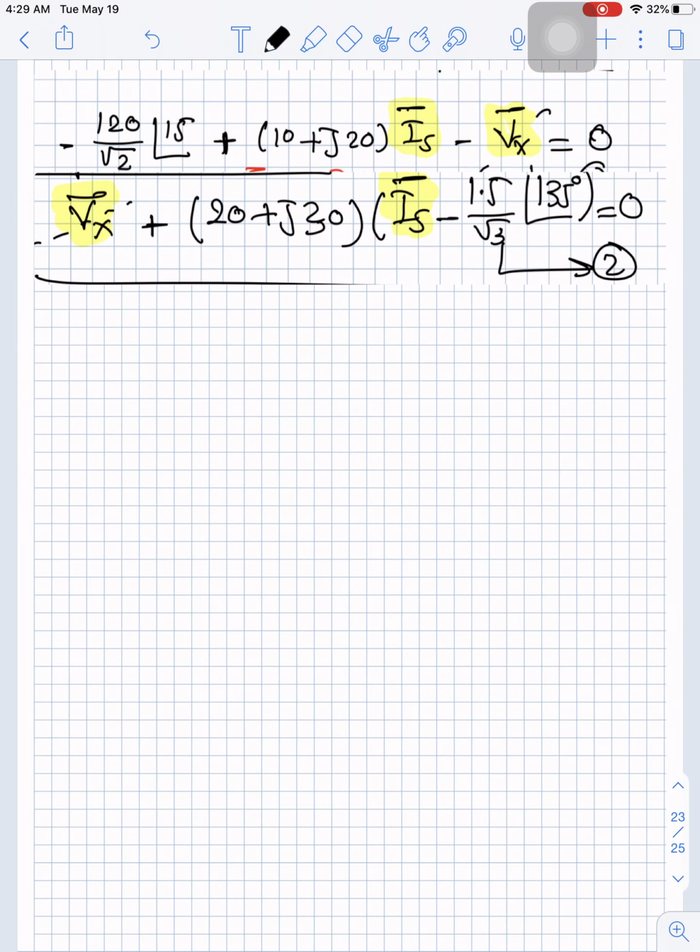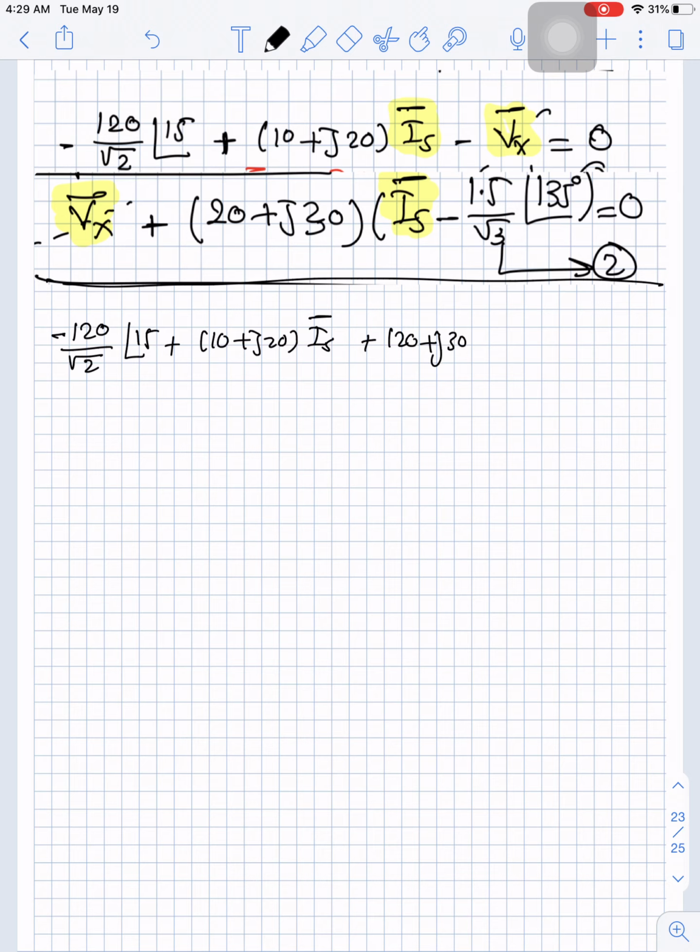Now if we added the 2 equations, we will get negative 120 divided by root 2 angle 15 plus (10 plus j20) I source plus (20 plus j30) I source minus 1.5 divided by root 2 angle 135 equals 0.